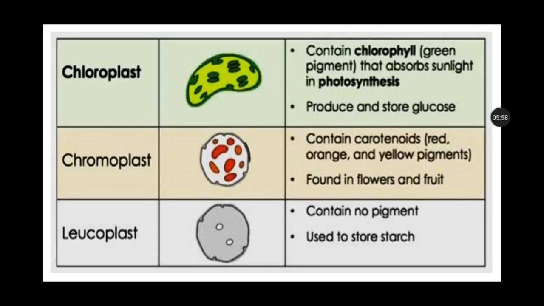Then the chromoplast contains carotenoids, which are red, orange and yellow pigments, and it is present in the flowers and fruits. And the last one is the leucoplast. It contains no pigments and is used to store starch. Glucose is converted into starch, and this starch is then stored in the leucoplast.